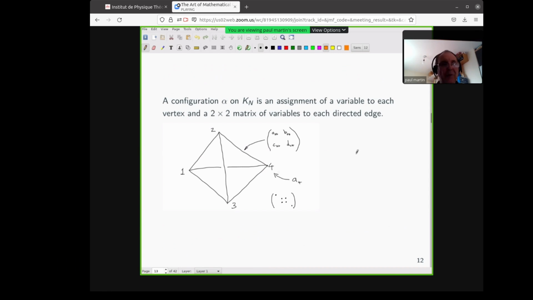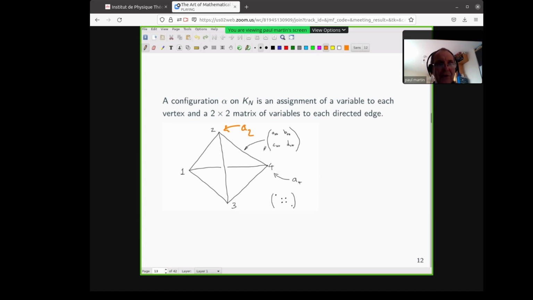Right, so the point of that was that a configuration on the complete graph is going to be an assignment of a variable to each vertex. So A2 there, I've already drawn A4, and a 2 by 2 matrix of variables to each directed edge, and I've already drawn the 2, 4 incarnation of that there.